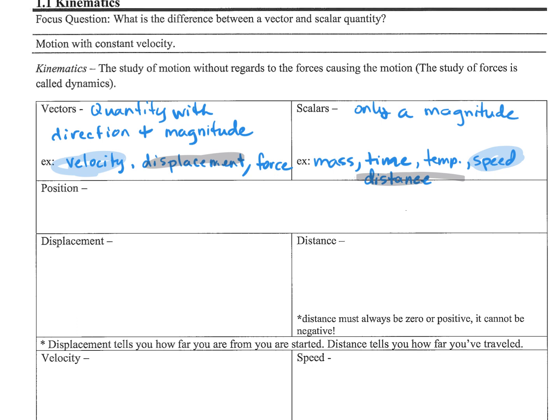So now, what is a position? This is important. It's where an object is located, compared to a reference point.